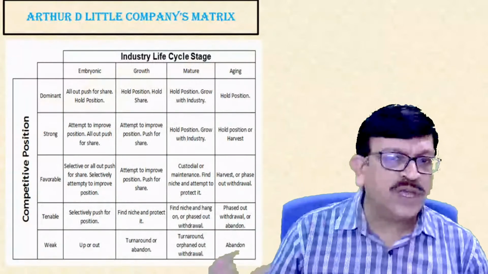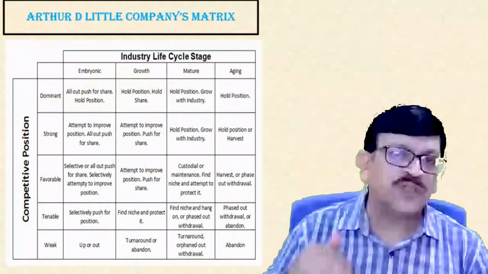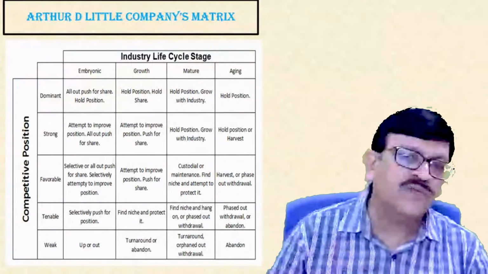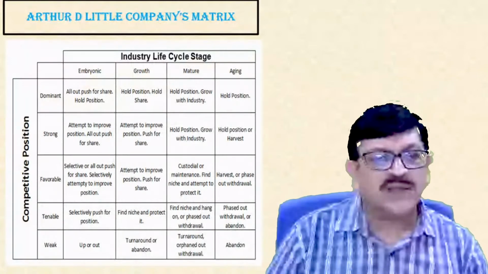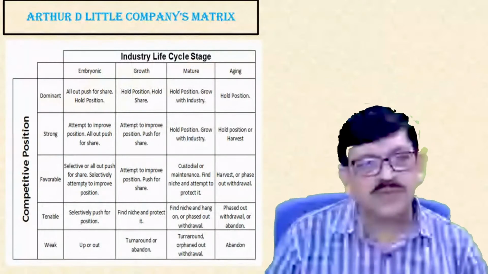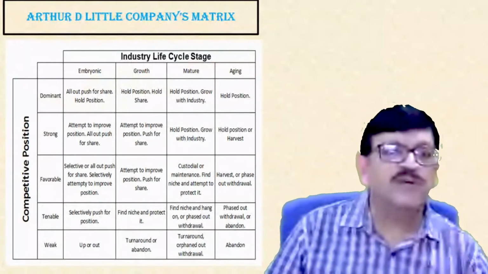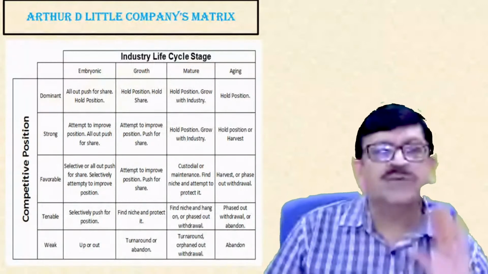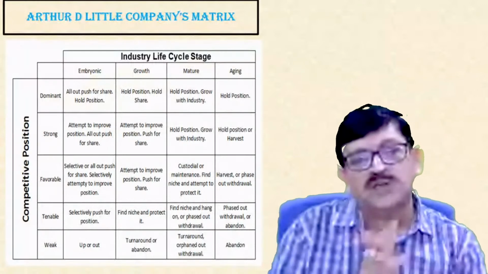Obviously, as you are aging, it would be a consideration whether you want to hold or harvest further. If it's favorable, you can go selective in the introductory or embryonic stage, because you may not get the returns initially, but as you pick up, you improve and go for it. And you get custodial maintenance, which means what you need to look into at the maturity stage.